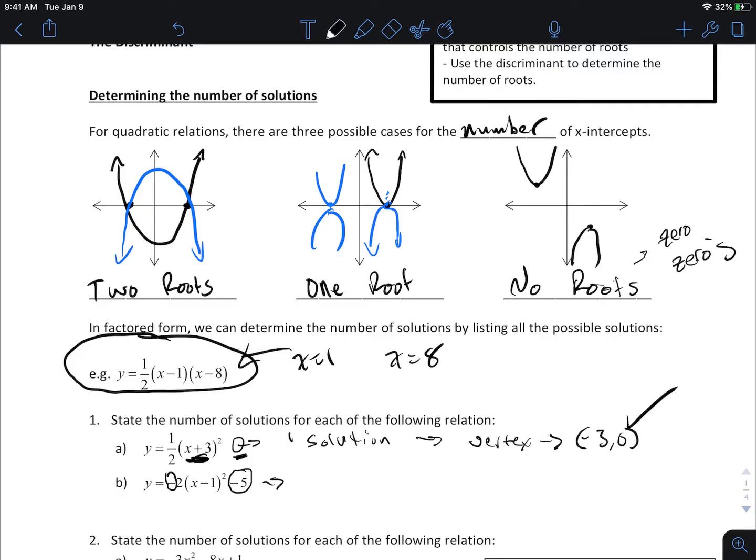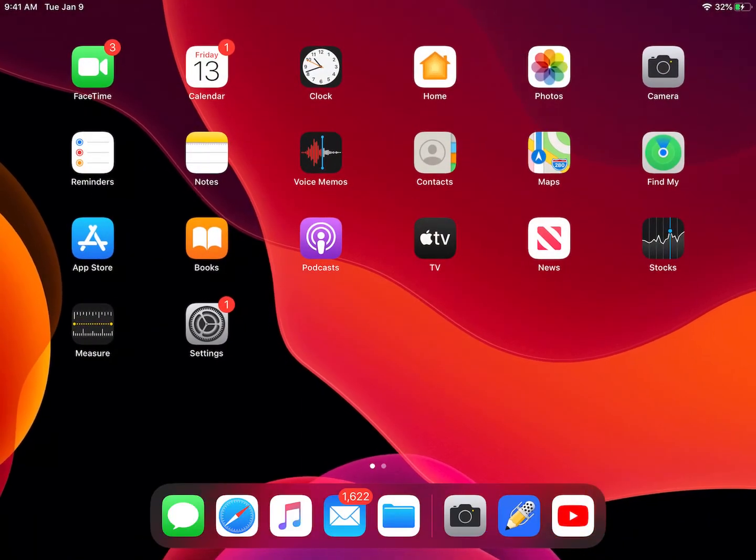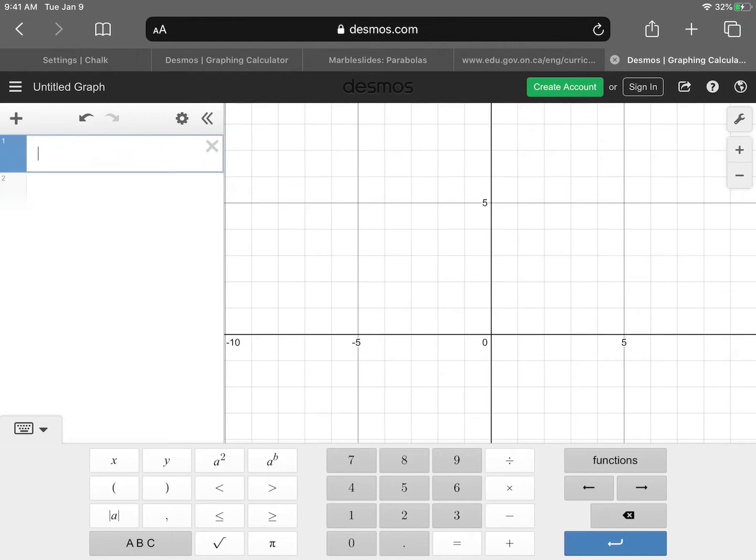Let's plot it. We're going to go -2. Where is it? It just disappears, right?